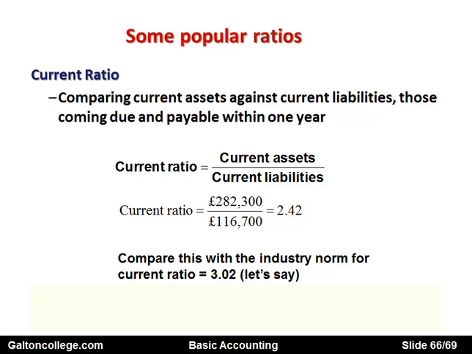If we don't make that comparison, I would have thought the current ratio of 2.42 means current assets are almost 2.5 times the current liabilities, and that's good. But it's bad if you compare it to the industry norm. Let's say we found that the industry norm was 3, then of course it's not as good as the other companies in the industry. So the current ratio is used for making comparisons of that nature.